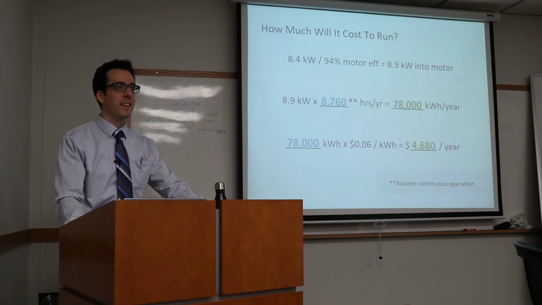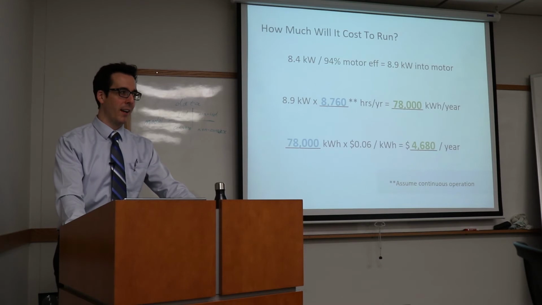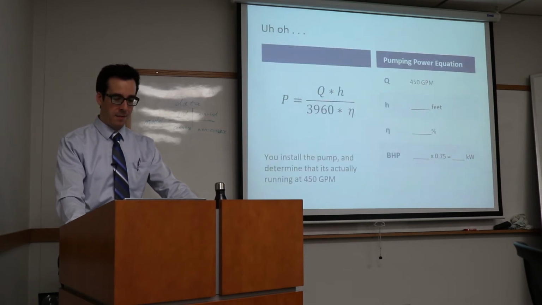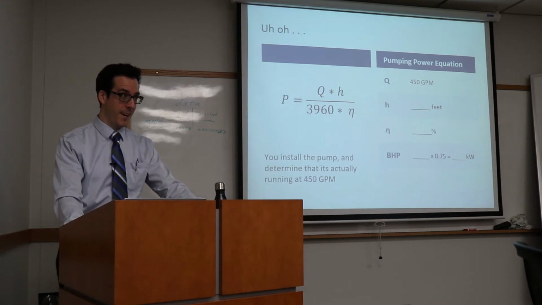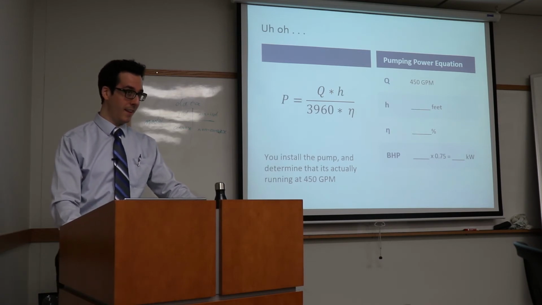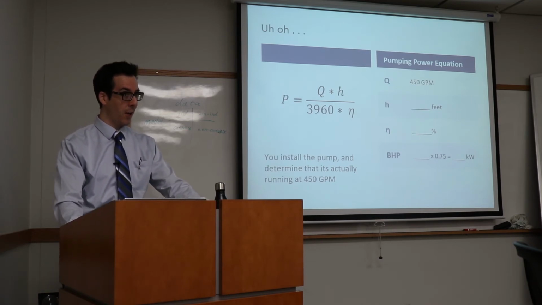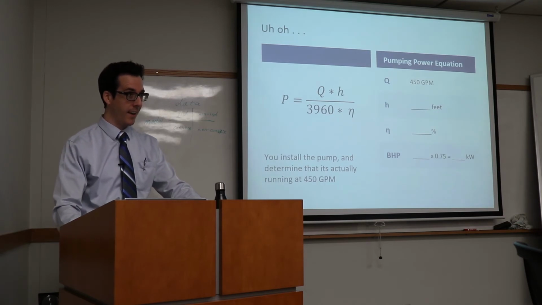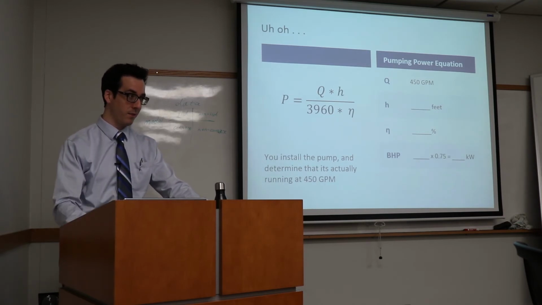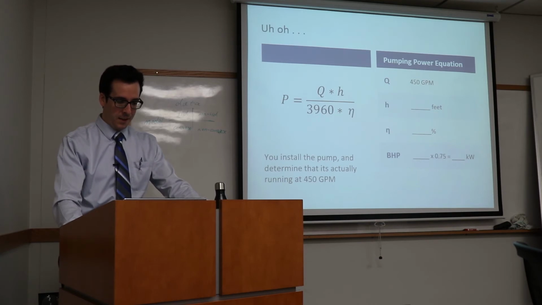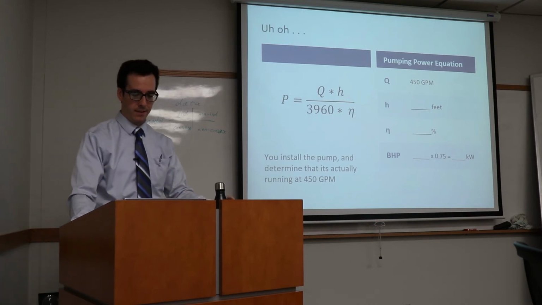Now let's say it's one year down the road, this thing's been operating, and you take some measurements and find that it's actually pumping 450 GPM instead of 370 as designed, and instead of 350 as we originally intended. So let's recompute what that means.